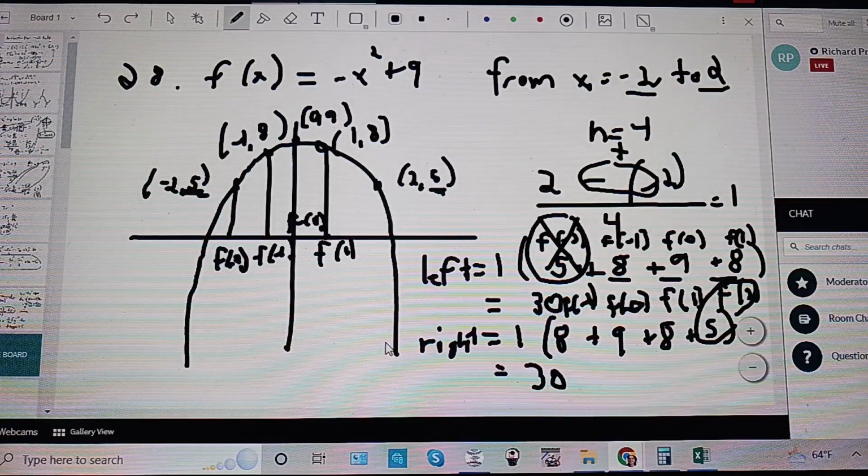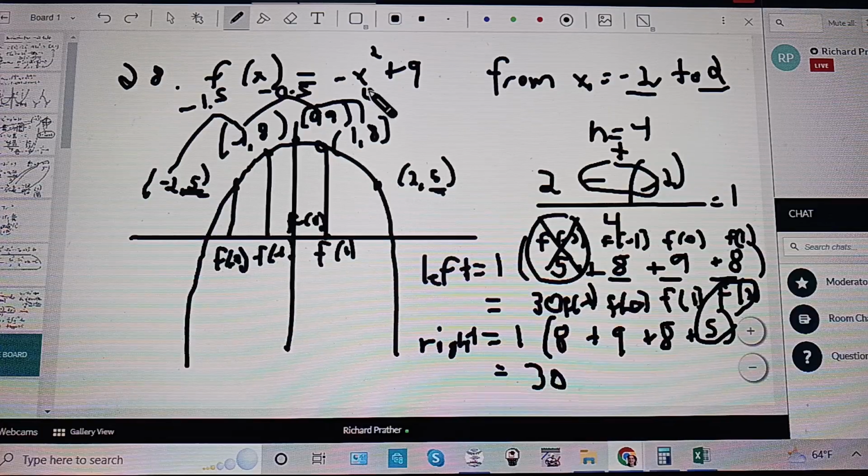But if you were normally doing the midpoint, you'd want to go halfway between -2 and -1, which is -1.5. Halfway between -1 and 0 is -0.5. Halfway between 0 and 1 is 0.5. And halfway between 1 and 2 is 1.5.